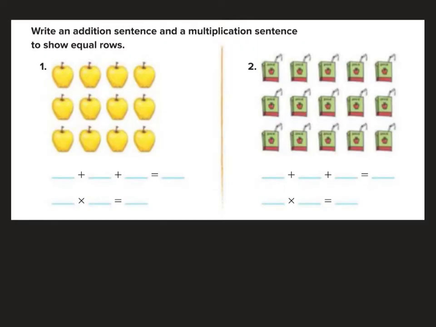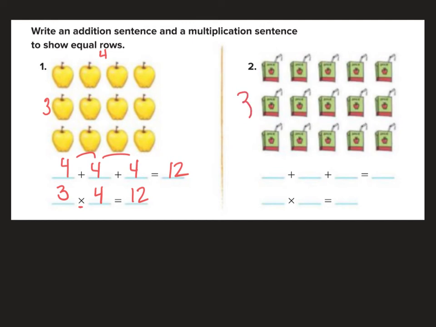All right, here we need to write an addition sentence and a multiplication sentence to show equal rows. So I have 3 rows with 4 in each row. So I need to do 4 plus 4 plus 4. 2 4s is 8. 1 more is 12. Or I could just do 3 groups of 4, which means also 12.